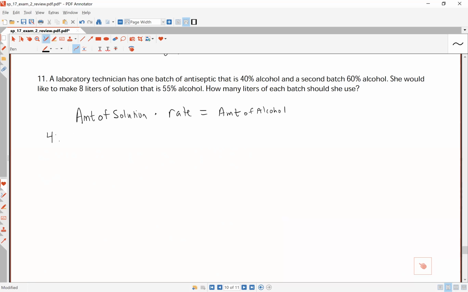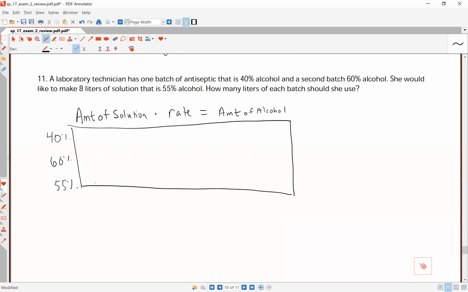We have the 2 containers, the 40% and the 60%, that we're using to make a 55%. We're going to fill in all of our 6 boxes on the left and use the formula to fill in the boxes for the amount of alcohol.